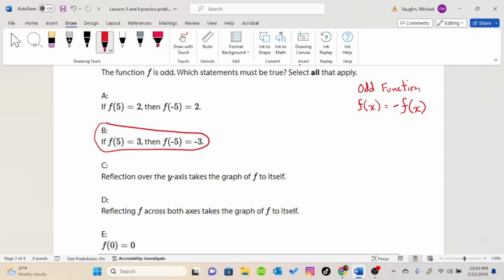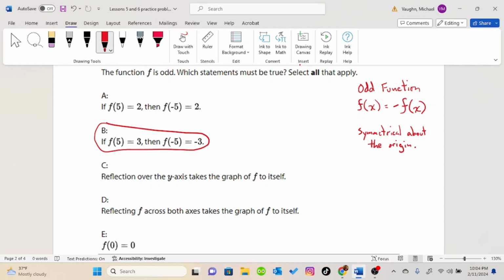Next, we're talking about the reflections. So remember, an odd function is symmetrical about the origin.